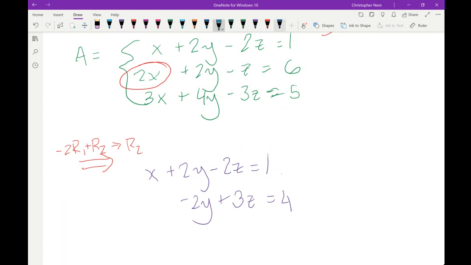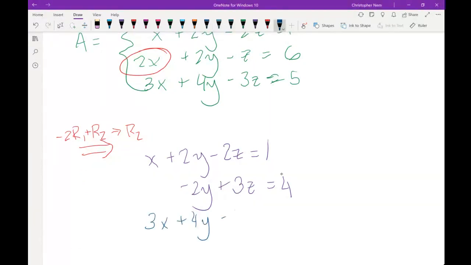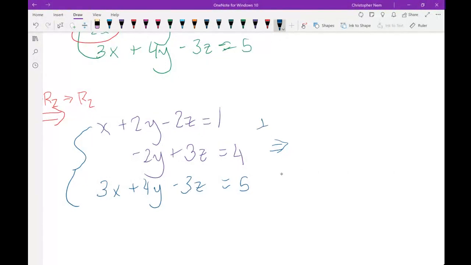And in the last row, so I'm going to scale it by -1/2 of row 2.